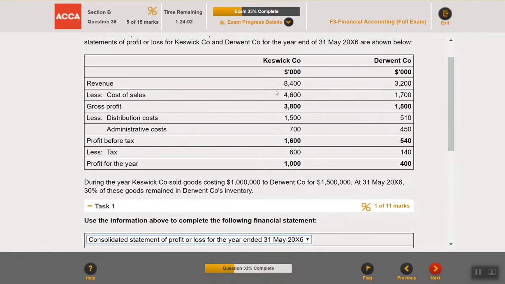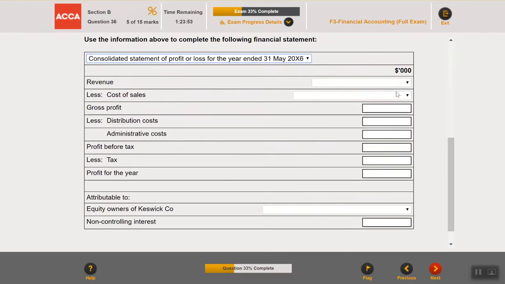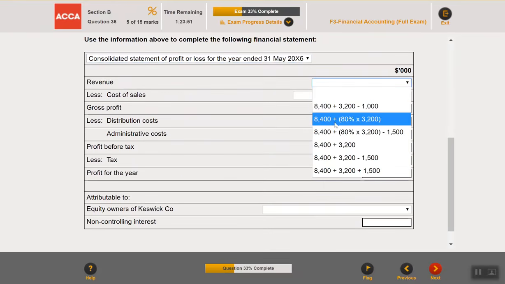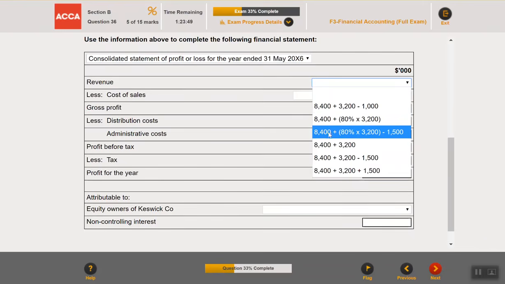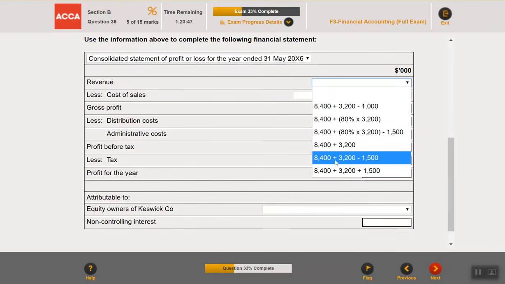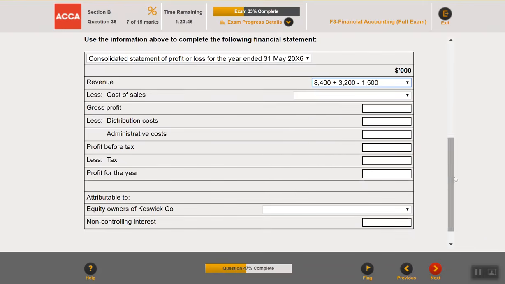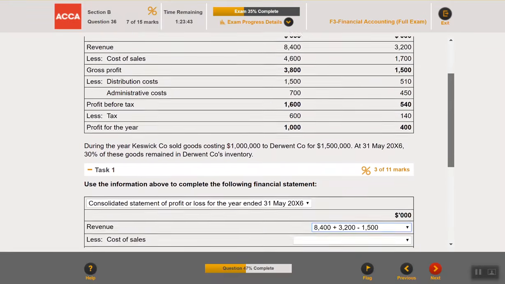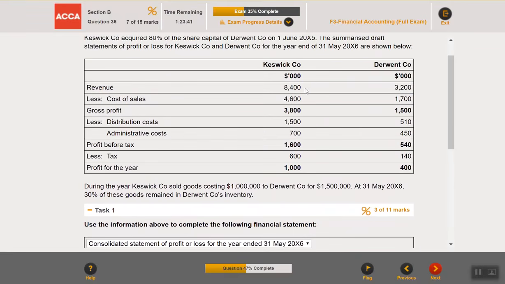Remember, we take the revenue of the parent, we add the revenue of the subsidiary, we minus intercompany sales. So parent plus subsidiary minus intercompany sales. Yes, this one. And then cost of sales. We take parent plus subsidiary minus intercompany sales plus PUP.